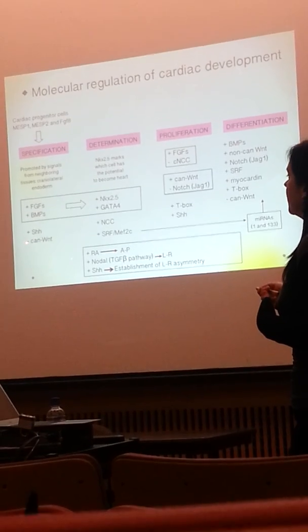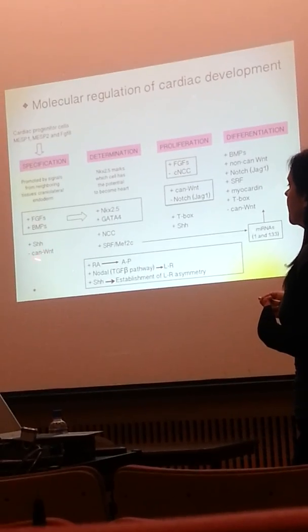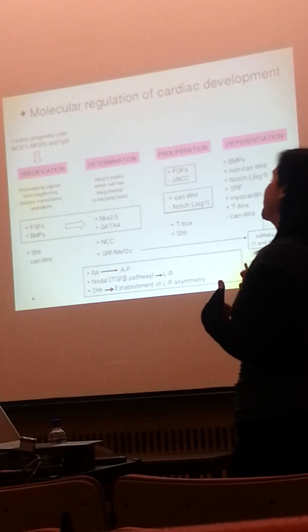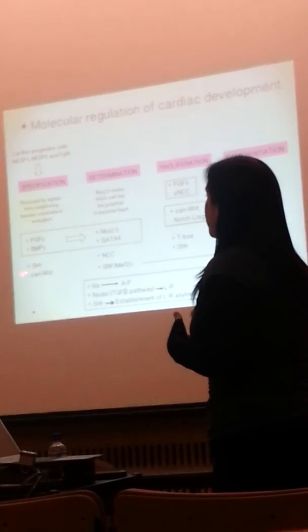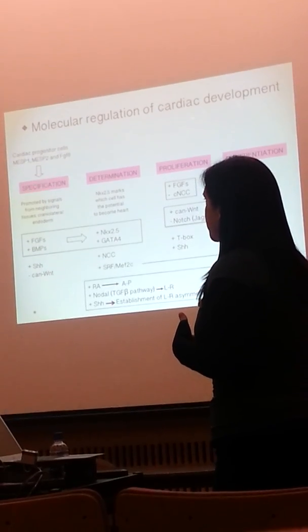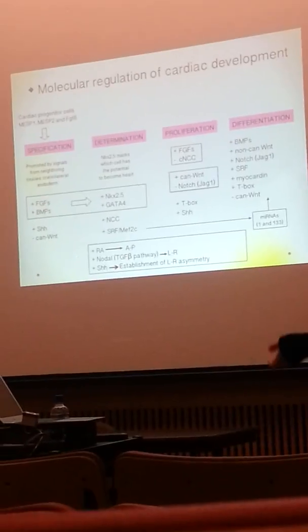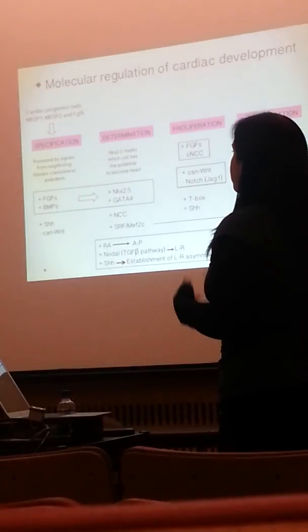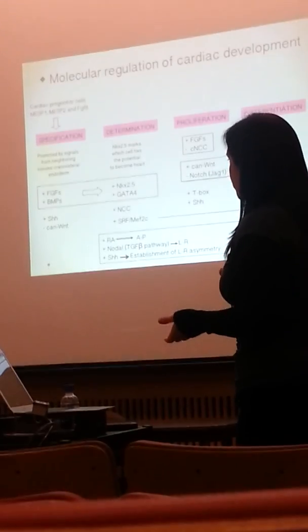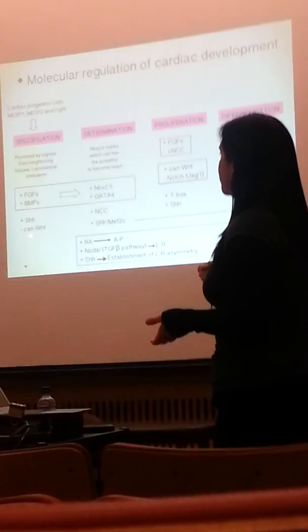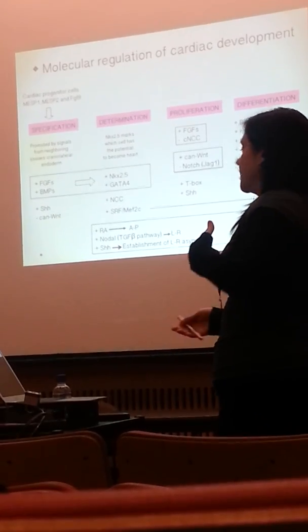And in the case of a minus before the word, it is negatively regulated, as by the canonical Wnt signaling on the specification process. All these signaling factors that I mentioned are typical in developmental biology as well: fibroblast growth factor, bone morphogenetic protein, sonic hedgehog, canonical Wnt signaling, non-canonical Wnt signaling, and some others.